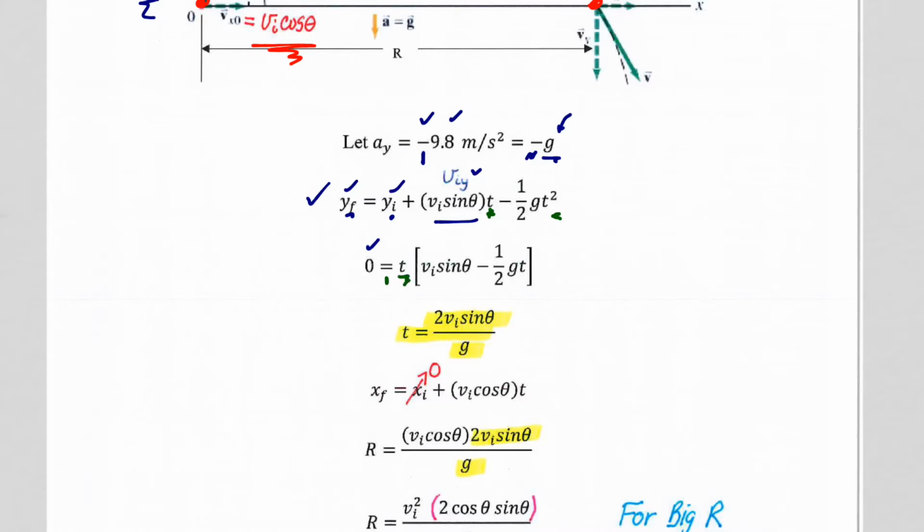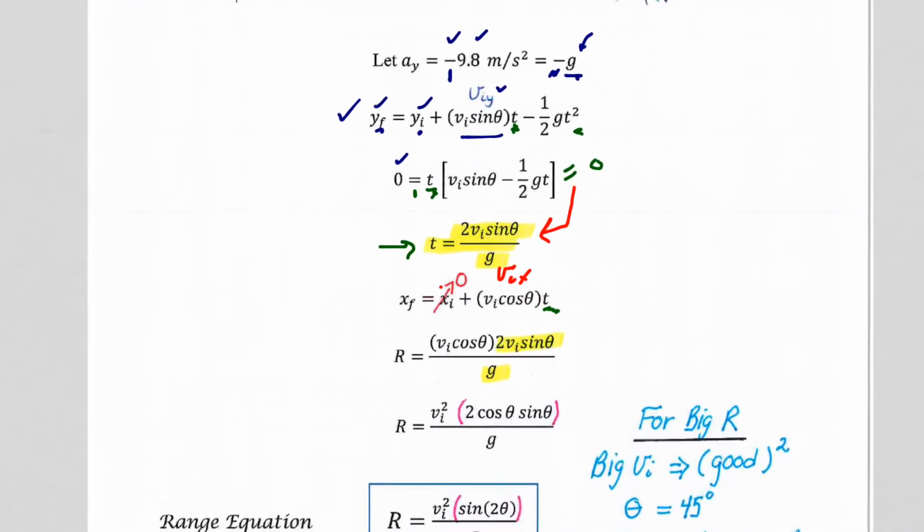Either t itself is 0, and that is correct. The y position equals 0 at time t equals 0. Or the bracketed term equals 0, and that's the more interesting one because that's referring to the final time over here. So we let the bracketed term equal 0, we solve it for t, and that's where this equation comes from: t equals 2 v initial sine theta over g.